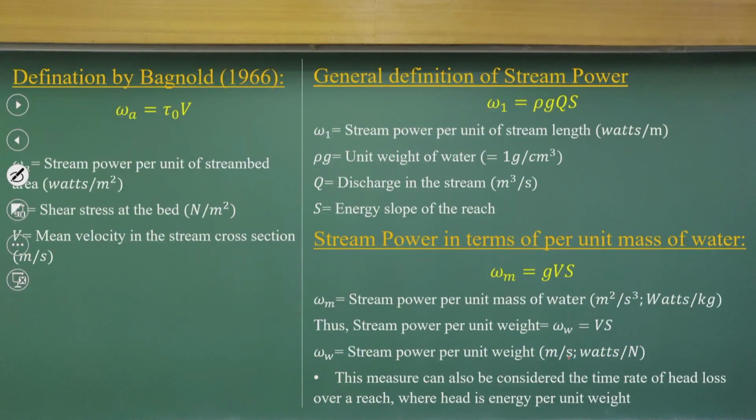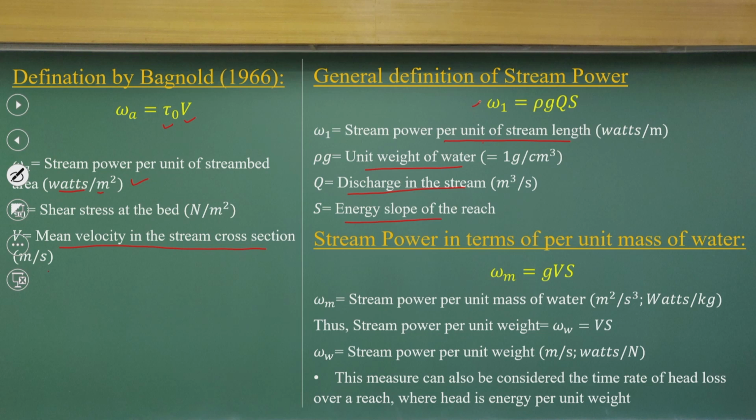Now, if you look at how we define stream power per unit area, it is defined as the product of bed shear stress at the bed and the average velocity, the mean velocity across the stream. Gamma is the unit weight of water, Q is the discharge in the stream, and S stands for the energy slope.